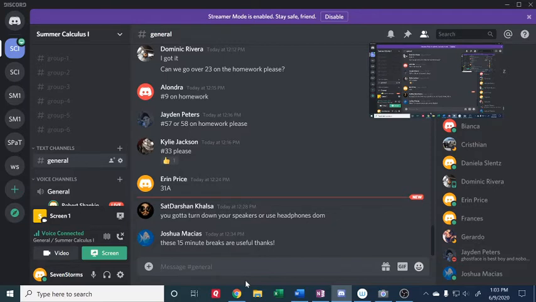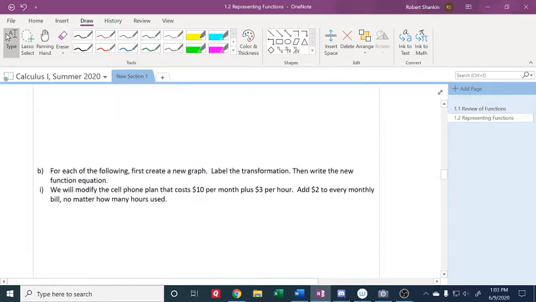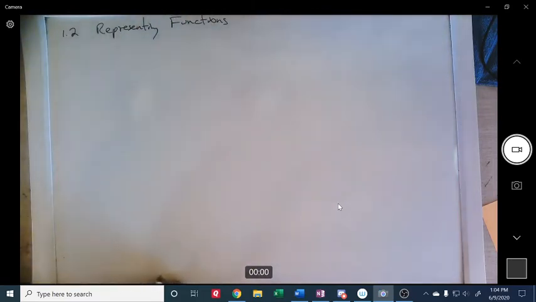And let's go now to 1.2, representing functions. I'm going to do this portion on the whiteboard. 1.2, representing functions.